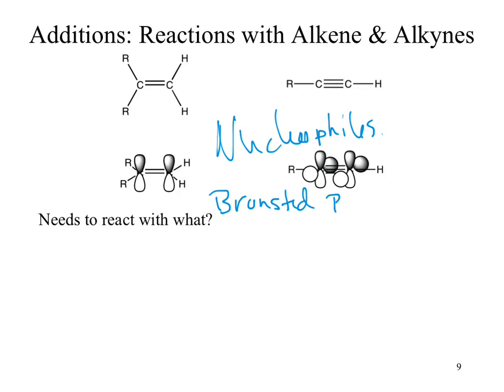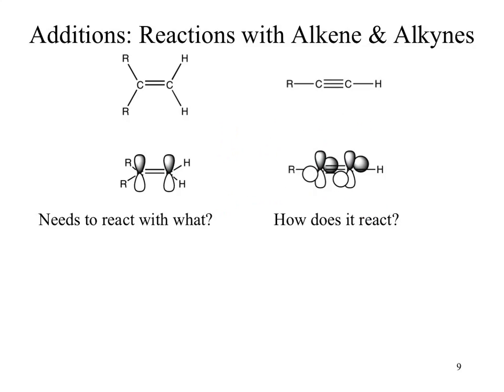A Bronsted base. Okay? So to get them to react, what do we need to react with our alkenes or alkynes? An electrophile or an acid. Okay? So almost all of your addition reagents will follow or fall under these categories. Okay?